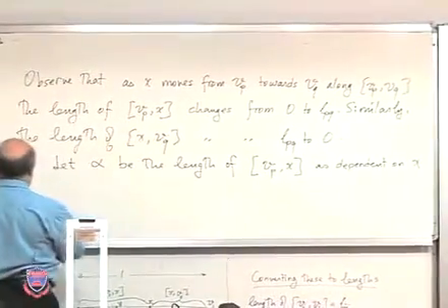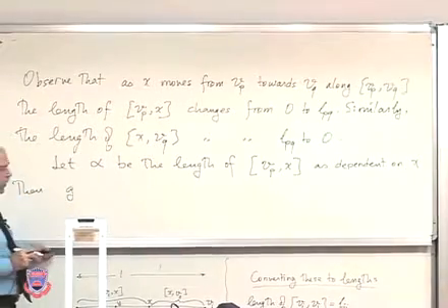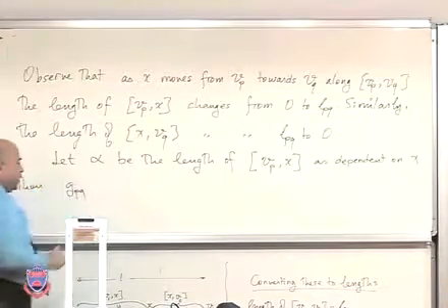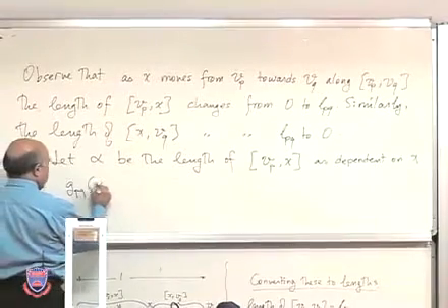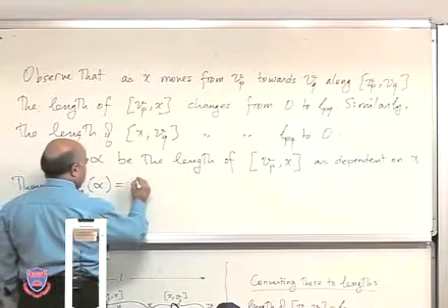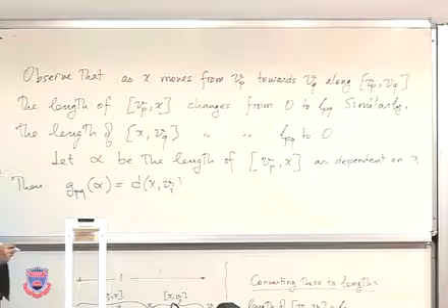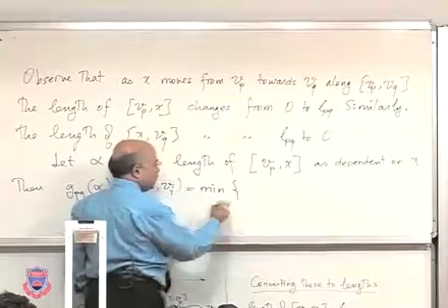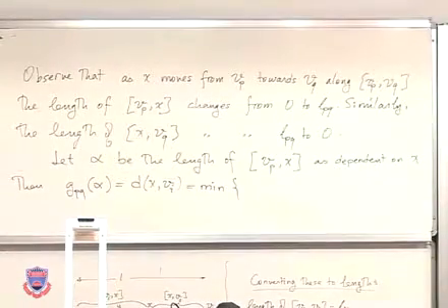So I can write down the following. I can define a function, say g, which is, of course, dependent on the edge under consideration. So let's make it gpq as a function of alpha. Its value will be defined by the distance between x and vi. And we know that it's going to be the minimum of two path lengths. One is, so I gave a new name to it, alpha.